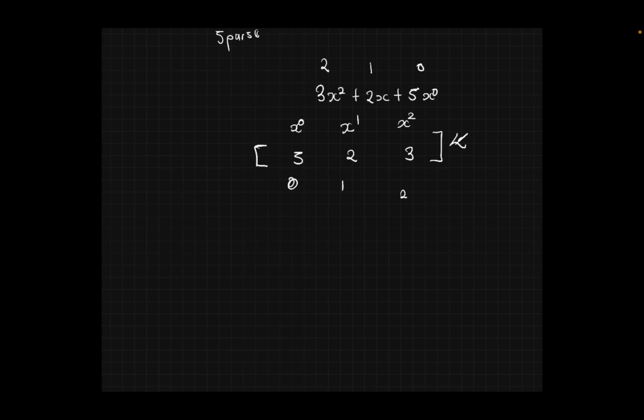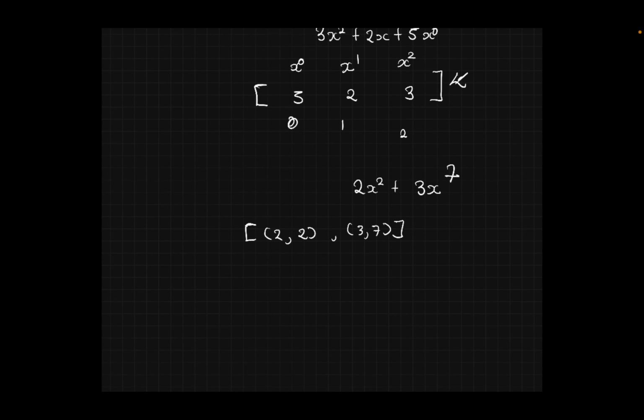So if your polynomial was 2x squared plus 3x raised to the power of, let me not do 1000, let's do 7. In the sparse representation, this is just 2, 2, 3, 7. In the dense representation, you now need to blow it up.